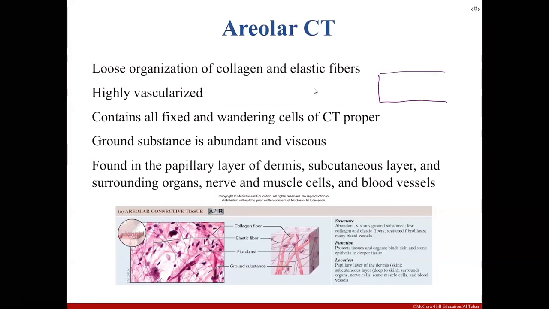So here, if this is epidermis, underneath of that is where you're going to find areolar tissue. I always think of it as subflooring. If you think about in your basement, the layer between the floor and the basement, there's 2x4s and things running through there and lots of pipes and tubing, or wires. That's the areolar layer. So it's going to provide space.